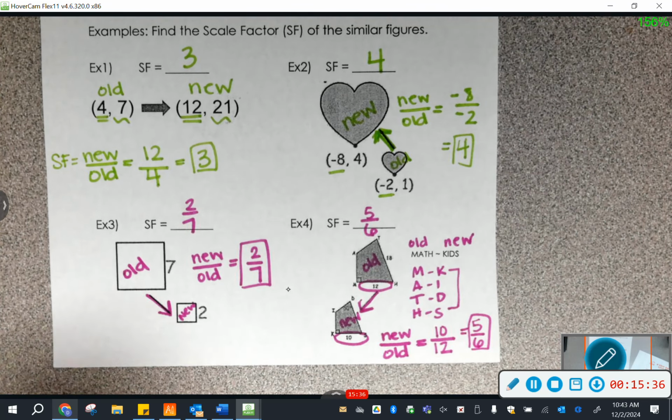Okay? Now, what do you notice about my scale factors? We skipped a whole section. We're going to fill it in now real quick. What do we notice about these scale factors? Look at your paper. Look at example 1 and 2 versus 3 and 4. What do you notice?